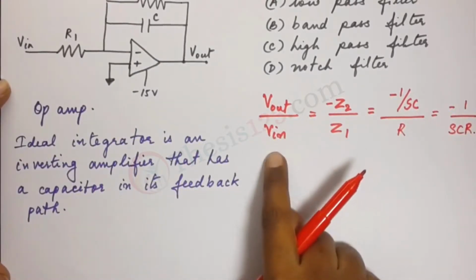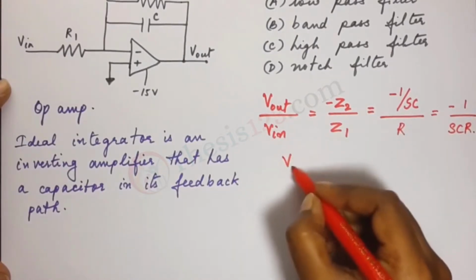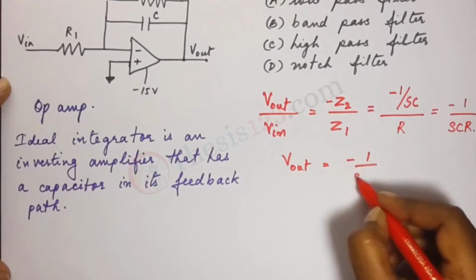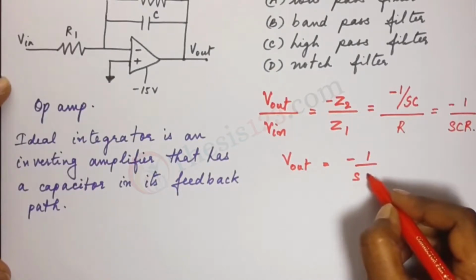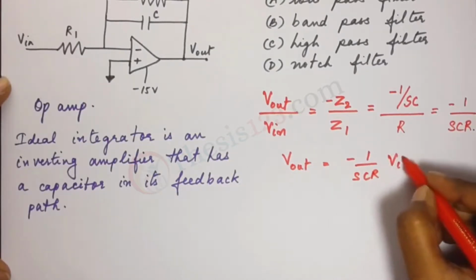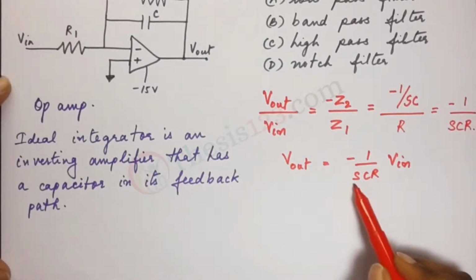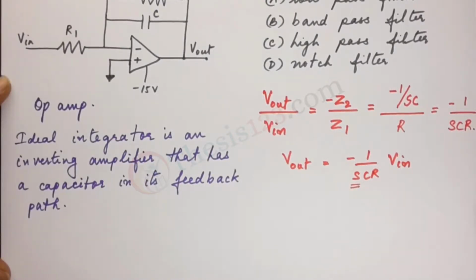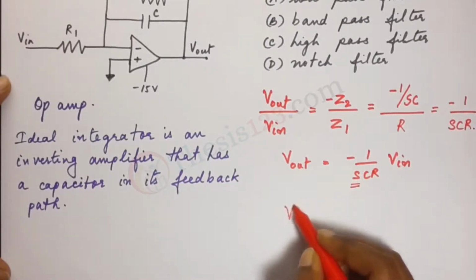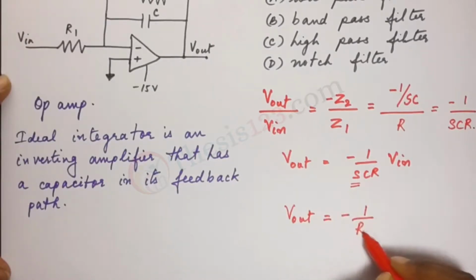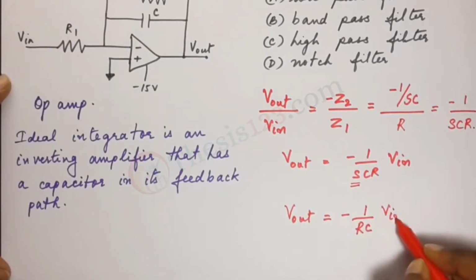Now to put this in better perspective, we can say that the output is minus 1 by SCR times V in. Okay, so if we were to convert the S in terms of time domain, then we can simply write this as V output dot is equal to minus 1 by RC V in.